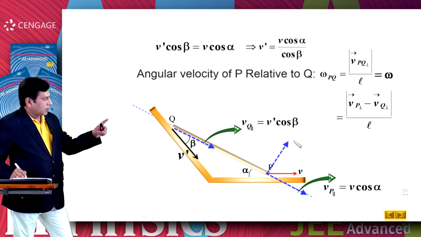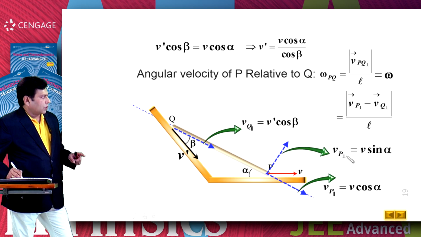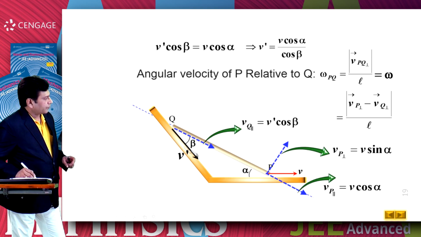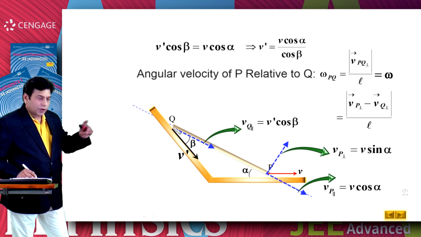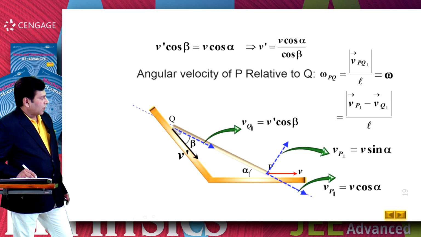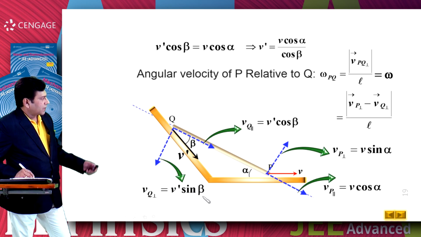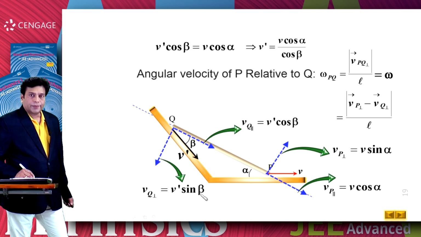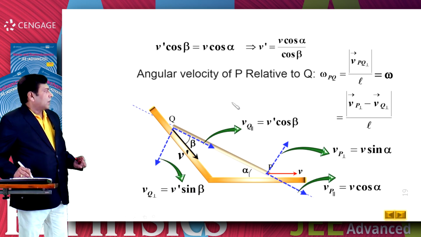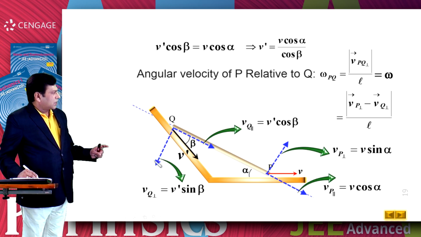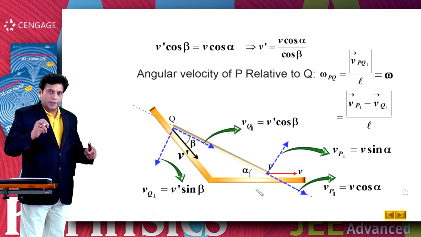That means this component is equal to V sin alpha. Similarly, come to point Q. We can make this velocity component in this direction and write this V Q perpendicular equal to V dash sin beta. Right?